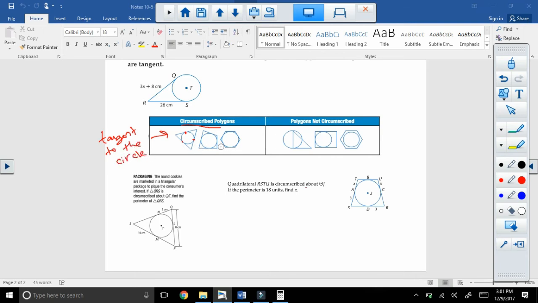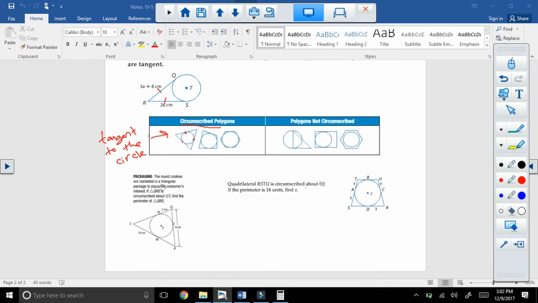So these are all examples where all of those segments are tangent to the circle. For these, you might have some that are tangent, but because all of them are not tangent, these would not be circumscribed. So when you do have these, you have to remember this property up here where you have the sides equal that are tangent.